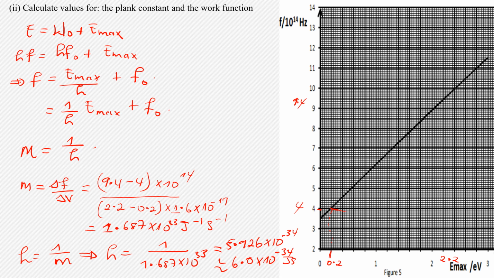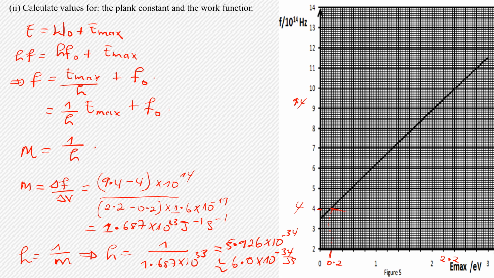So we see that the initial graph that was provided by the board was not really clear from the source which I had the question, and so it becomes a little bit cumbersome for us to get the right readings and so on and so forth. So this is just an approximation.